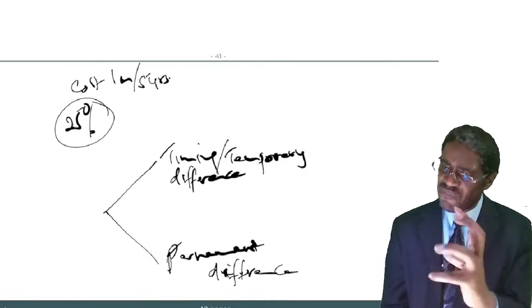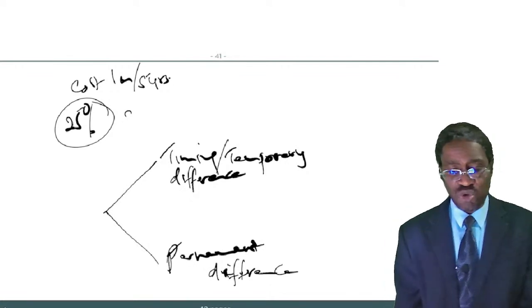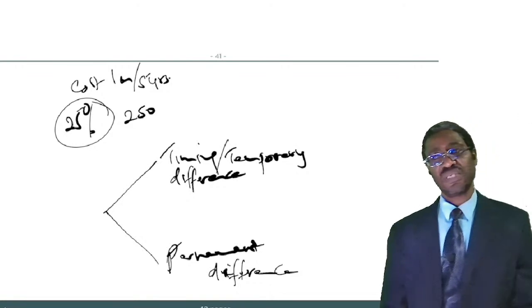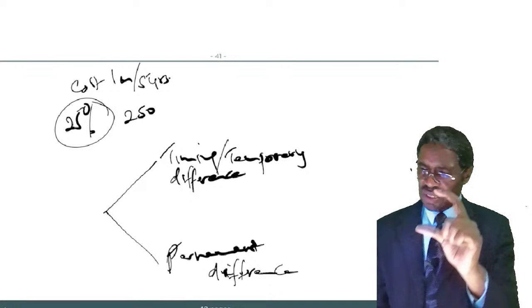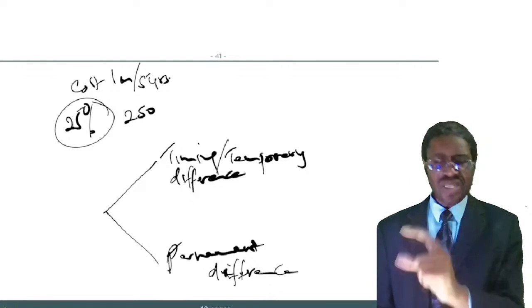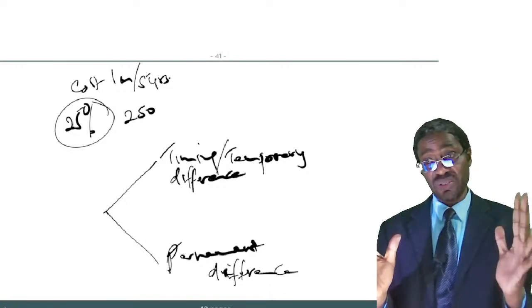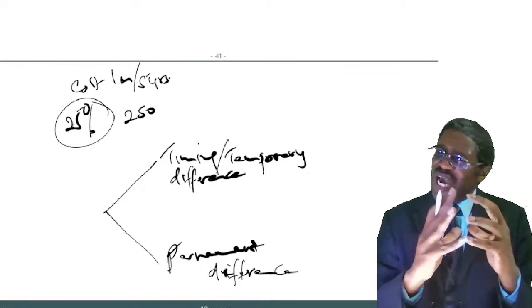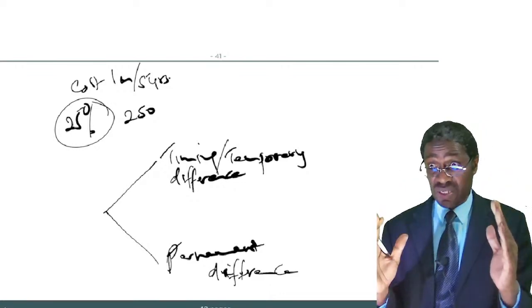So at 25%, he will be charging capital allowance of 250,000 every year. Now listen, both of us, that means the businessman and the taxman, both of us will still charge 1 million. But me, I'll depreciate my 1 million over a period of 5 years.